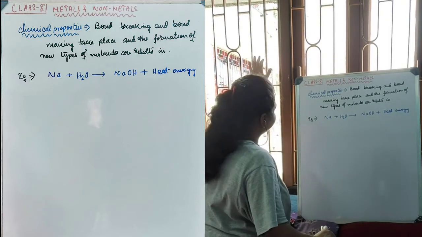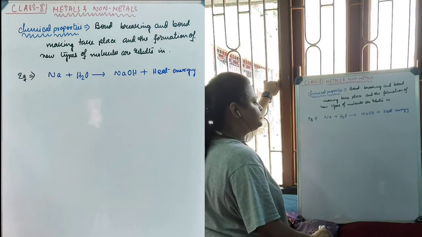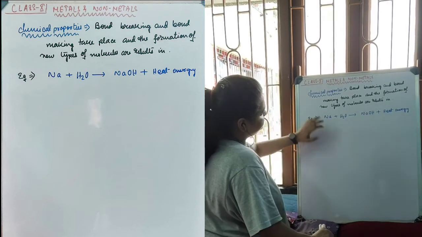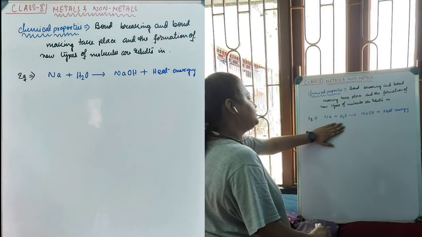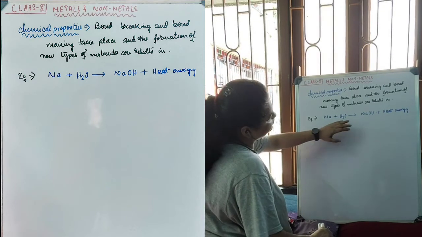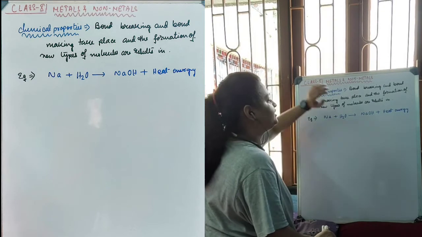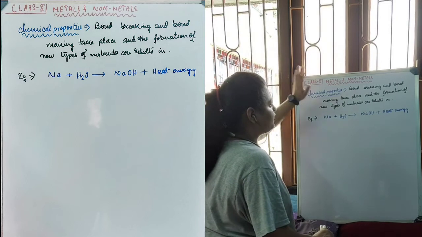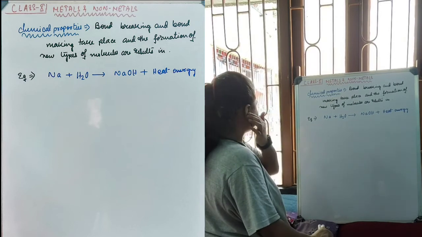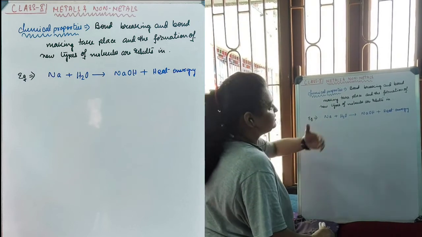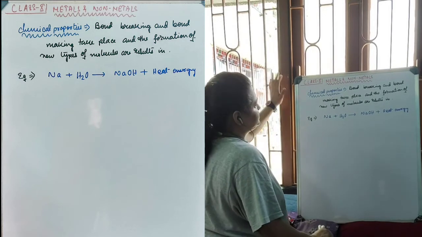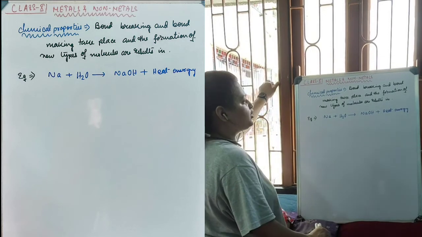In these types of reactions, the sodium metal takes part and the molecular integrity of sodium changes, and a new molecule of NaOH is formed, where bond breaking and bond making take place, resulting in the formation of new types of molecules. This is known as the chemical properties.